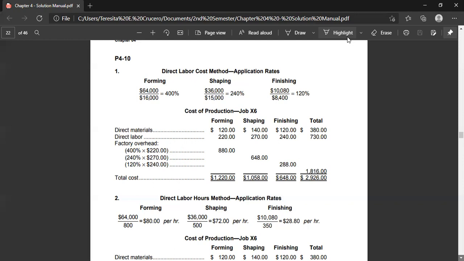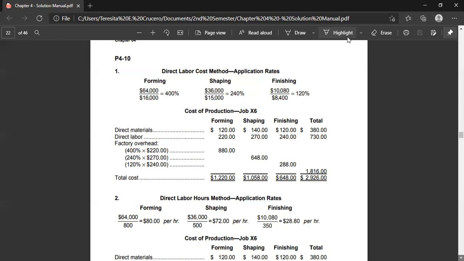Now for your factory overhead, we multiply 400% by 220. 220 is direct labor cost because the base of your factory overhead cost is direct labor cost.